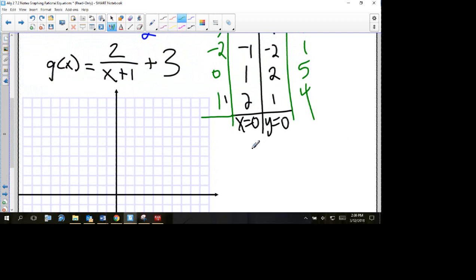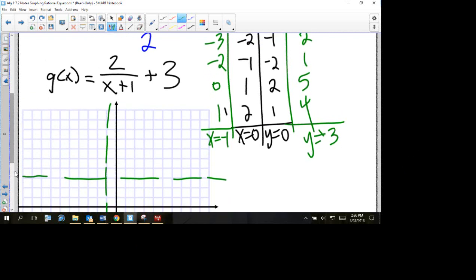What's my x asymptote now? X equals -1. And my y asymptote is y equals 3. So x equals -1 is vertical, where x is -1. Y equals 3 is horizontal, where y equals 3. And we just plot the points you guys have. -2, 1, 0, 5.